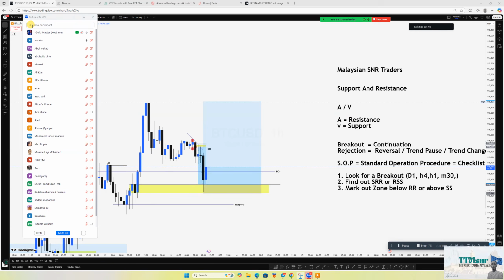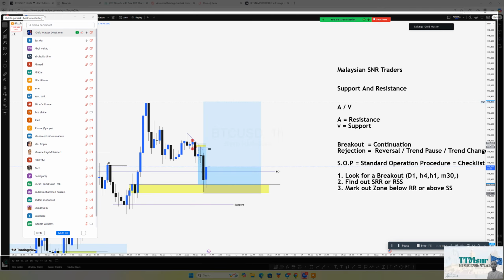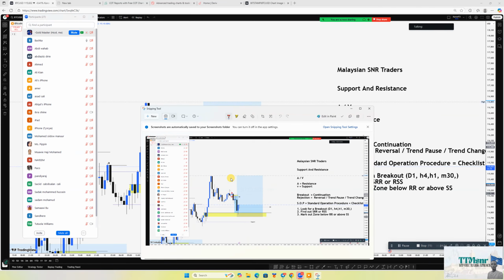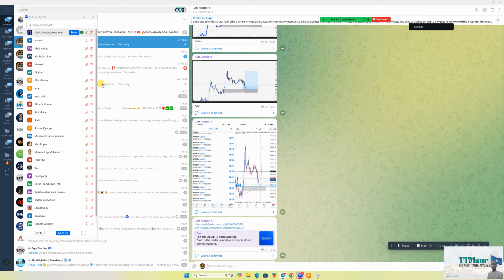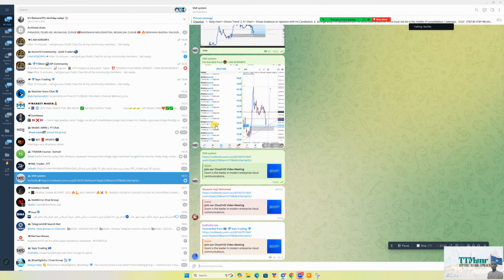Hello, teacher. According to the SOB, the third one, how do you make the zone? Is the zone below the 2R or 1R? Below the 2R or above the 2SS? I saw sometimes you make it below 1R like this.